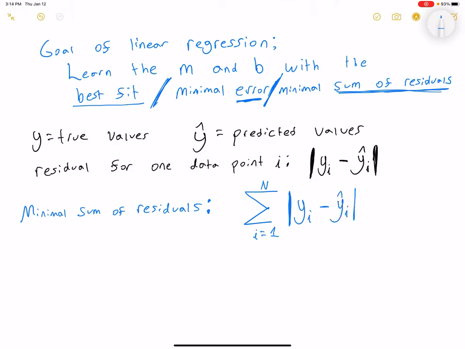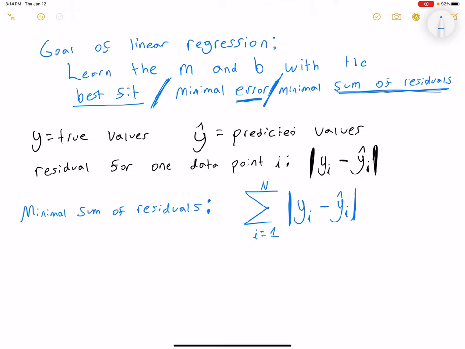Who has seen the summation notation before? Who has not seen the summation notation before? Okay, cool. So I was going to review it, but I guess everyone knows it. But just in case someone didn't raise their hand, this summation means that you're adding up all the data points where i is a data point.